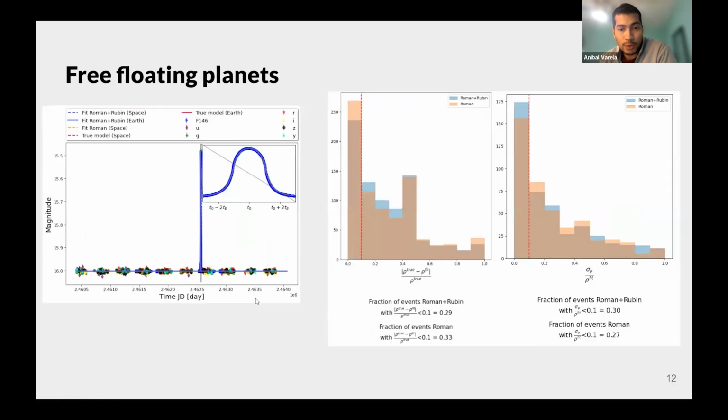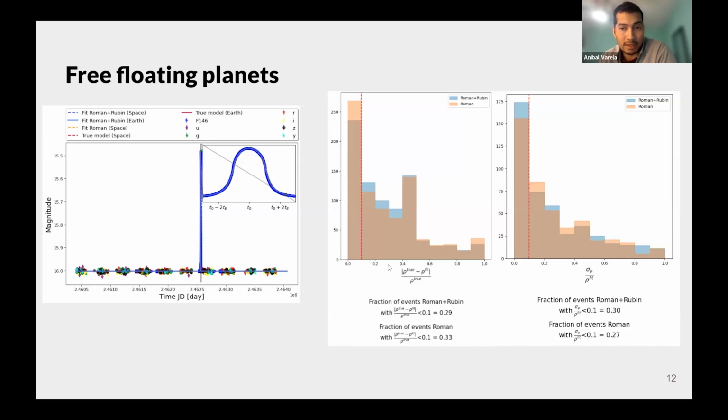We can keep looking into other classes of events, like free-floating planets, which are events with short duration, and look at the bias and the precision in the parameters obtained from the fits, and see where the improvement is more relevant.